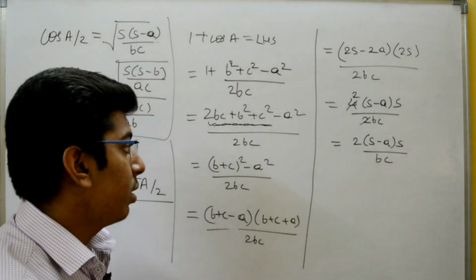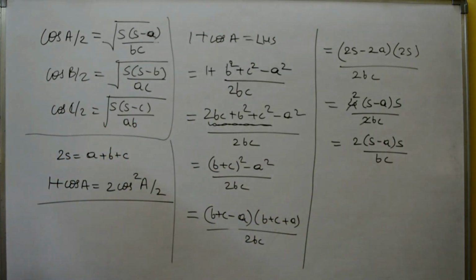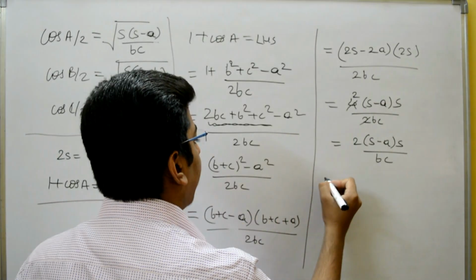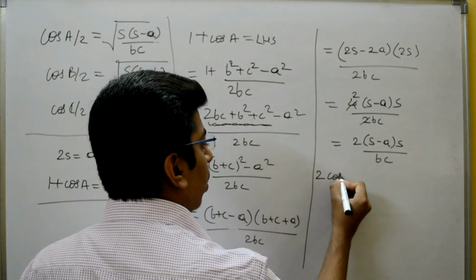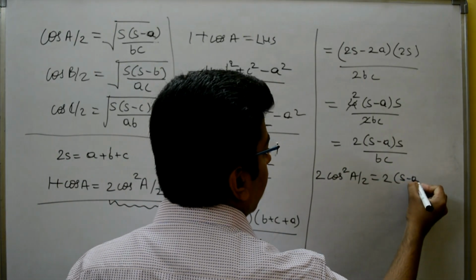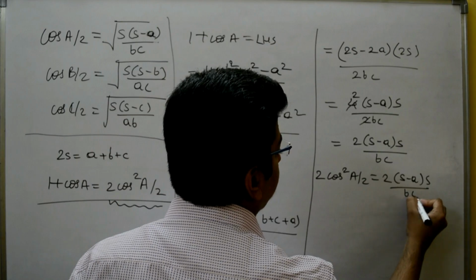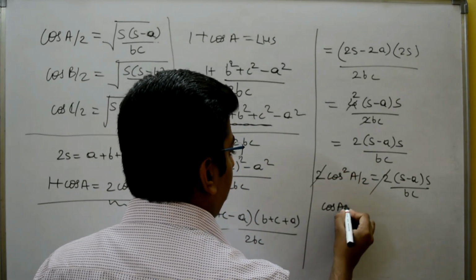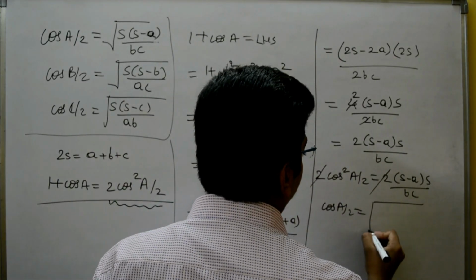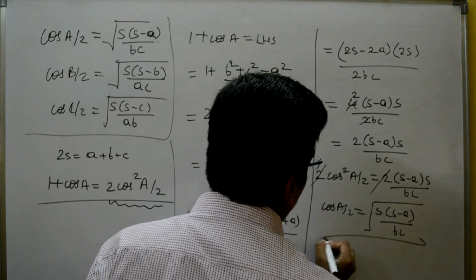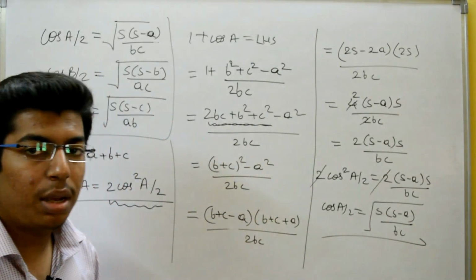So this is our left hand side, but what is our right hand side? Right hand side is this. So comparing it, 2 cos square a by 2 is equal to 2s(s minus a) upon bc. So this 2 will cancel, therefore cos a by 2 is equal to under root of s(s minus a) upon bc. So this is the formula for cos a by 2.